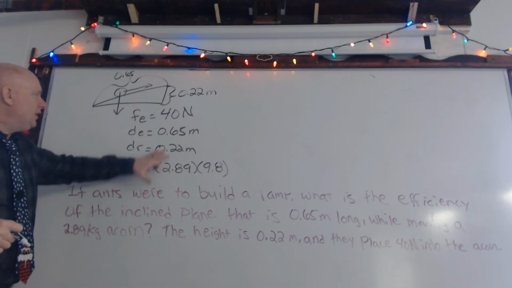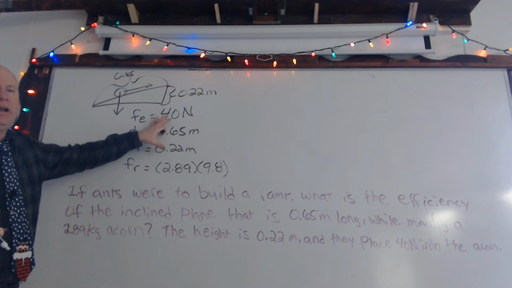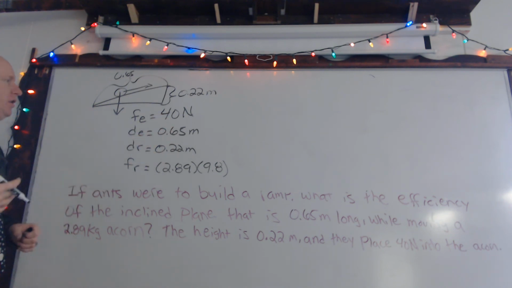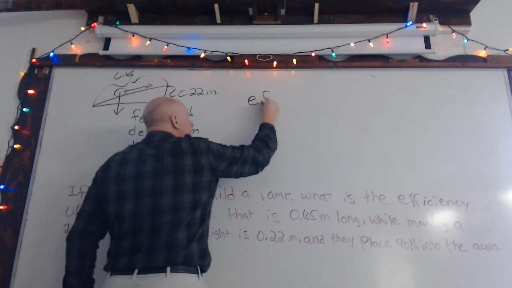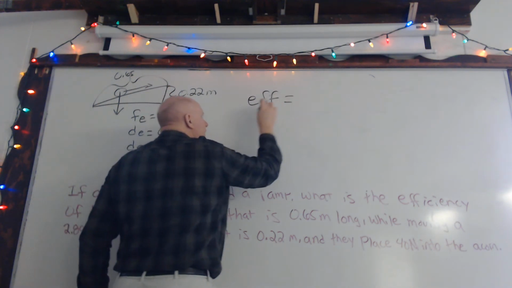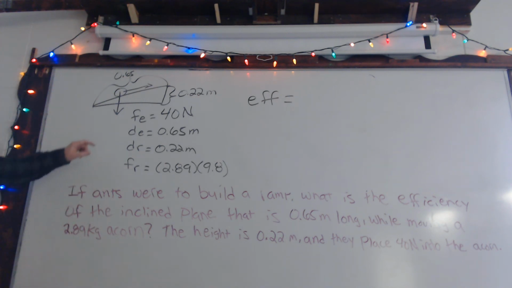Then once you get this terminology set up, we just want you to do what the formula tells you to do. And it's saying what is the efficiency, so that means you're going to be using this formula. Not the one where you would say Fe times dE equals dr times Fr.